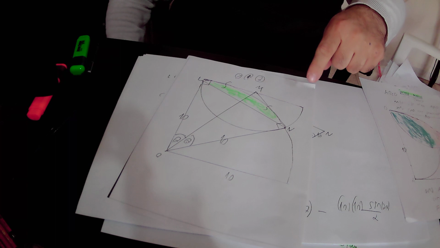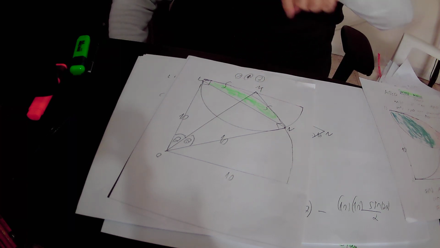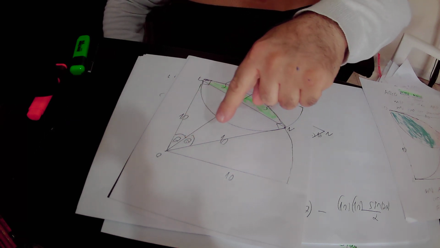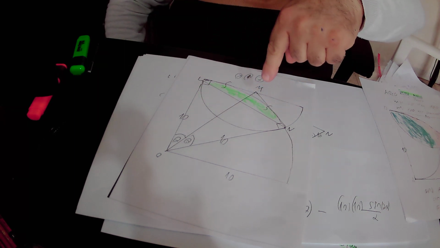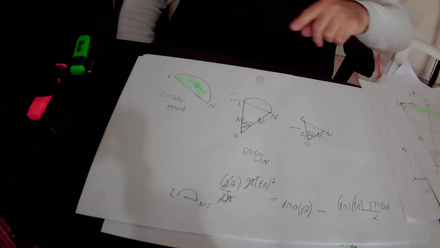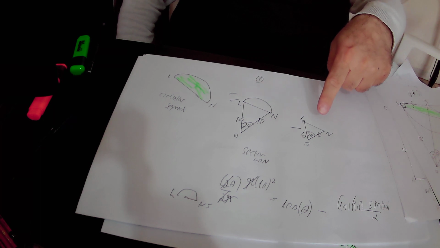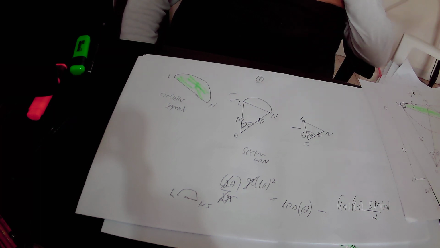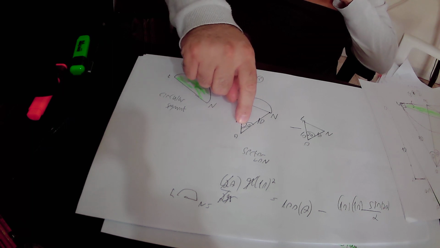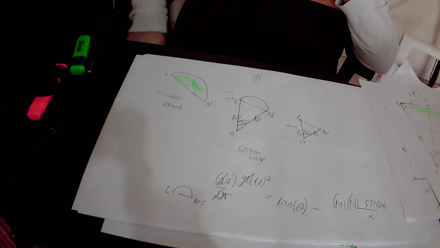So what is the area of the green circular segment? The area of the green circular segment will be equal to the area of sector NOL minus the area of triangle NOL. We have already found out that the angle between the legs of sector NOL is equal to 2 theta.